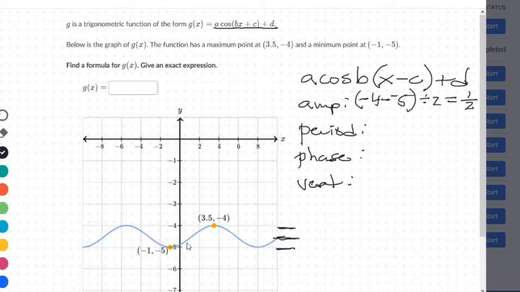The period, well, they give me max and min. If I came back down to here, that would be my full period. So I really need to, whatever the difference between these x values is, I need to double that. So from here to here is only half of a period. And so I have, let's see, -1 to 3.5.